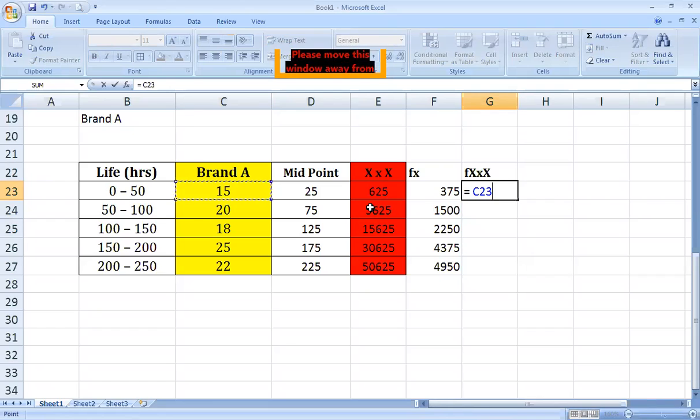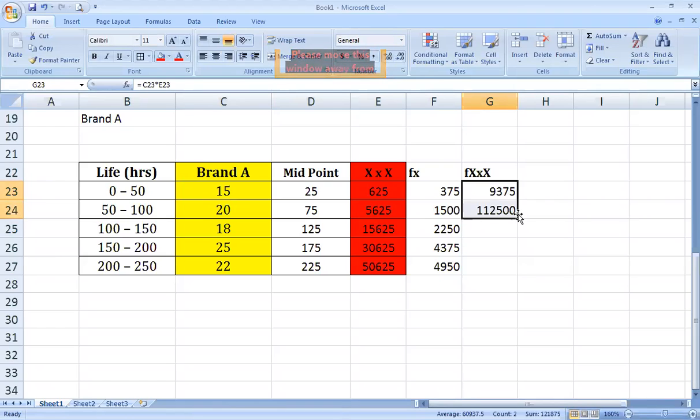So that is 15 into 625, which is 9375. Next, 20 into 5625, that is 1,12,500.